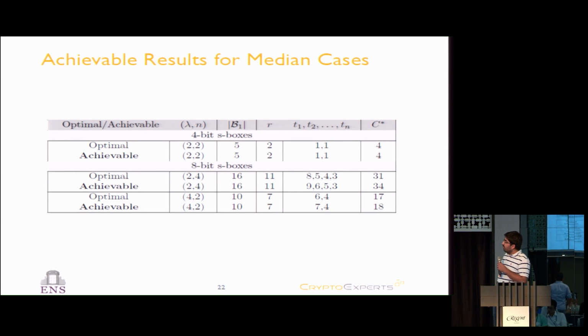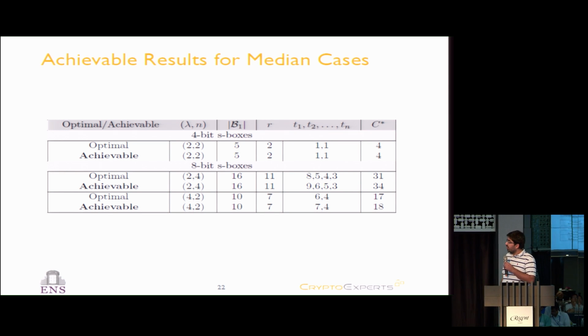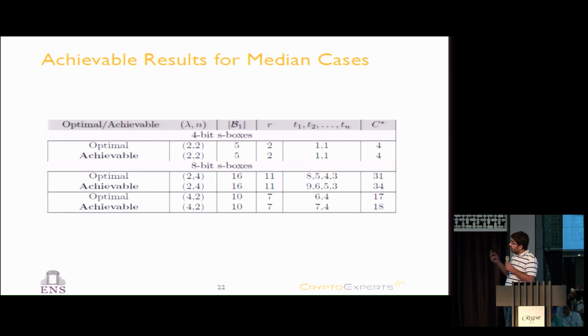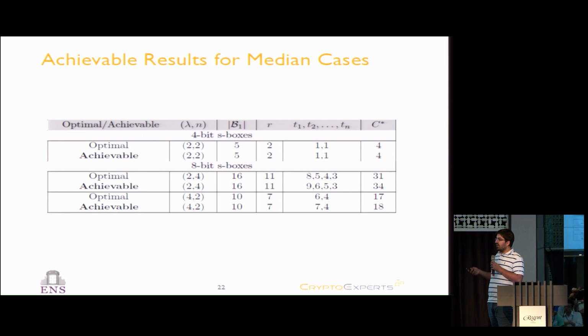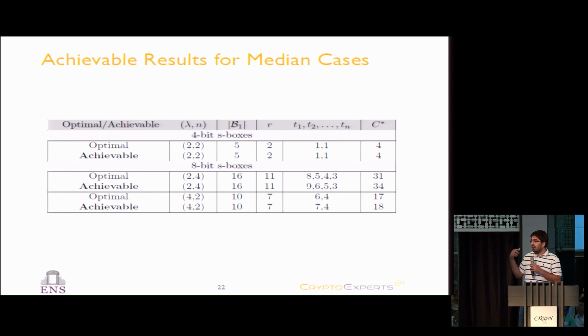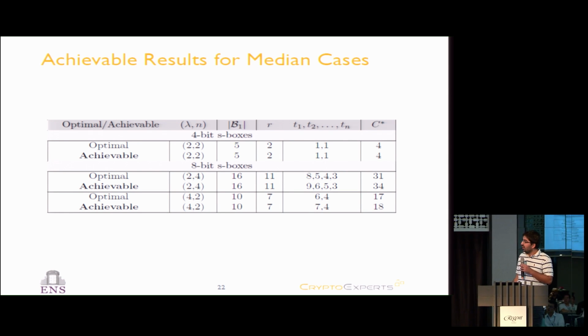A small example on 4-bit and 8-bit S-boxes, but you can find more in the paper, for several sets of parameters L, lambda, and n. For a 4-bit S-box, if you work on elements of 2 bits, you have two inputs. The initial basis will have 5 elements, so you need 2 multiplications to generate it, and then each coordinate function is generated with 1 product, which makes a total cost of 4 multiplications, and this is equal to optimality.